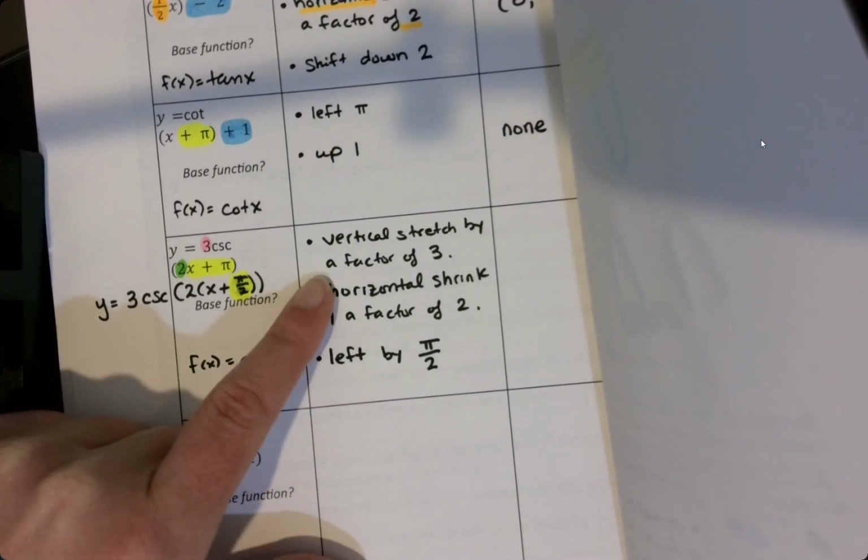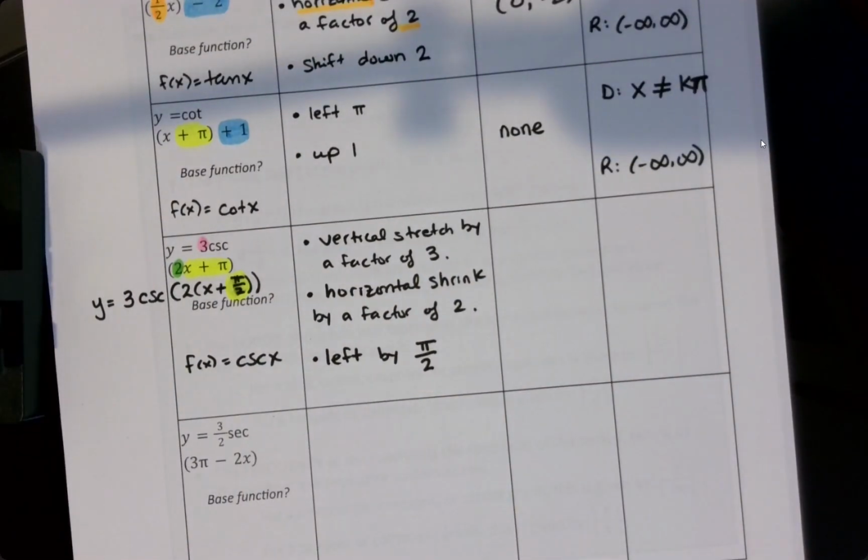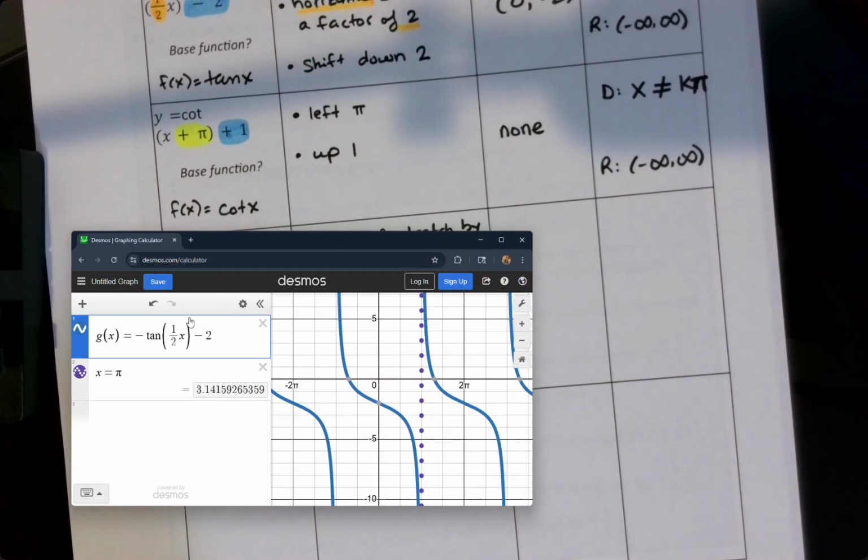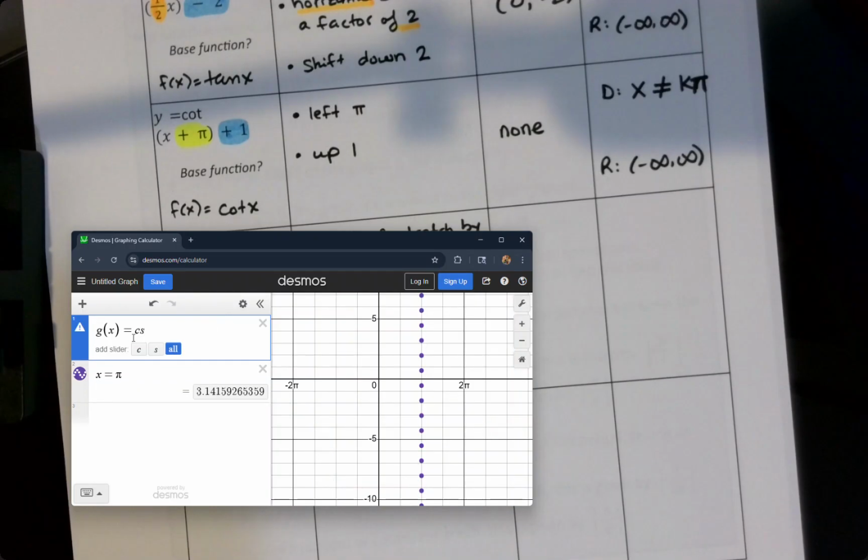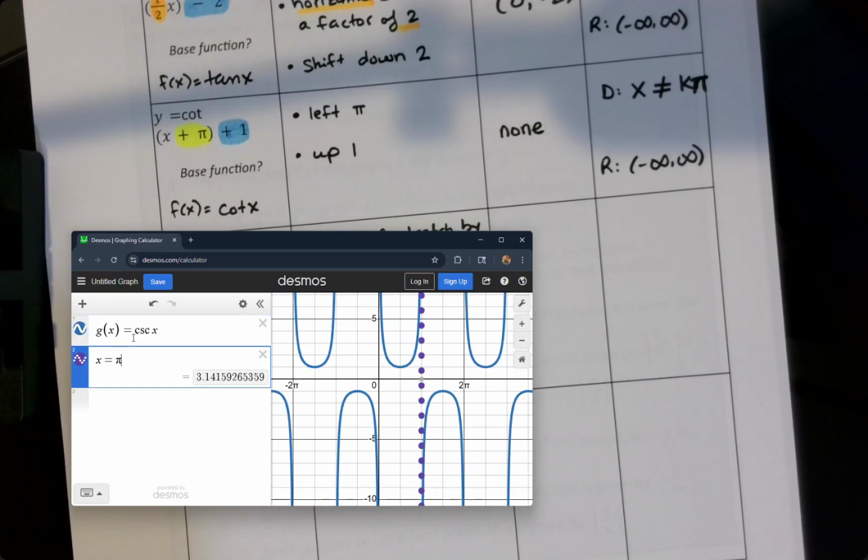And then the vertical stretch factor might change its location as well. So let's take a look at this one on Desmos, since it's not one of the 2 that we need to have parent functions memorized for. Let's do cosecant of x as our parent function. I think the parent function I typically call f. And we're going to work on g of x with our transformations.